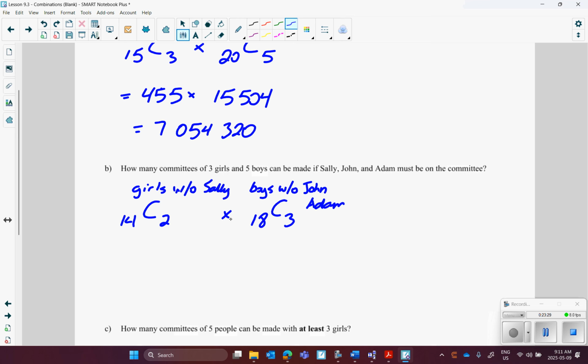Technically, you don't have to do this, but to account for the one choice where Sally, John, and Adam are on the committee, I mean, we could do this, but it's not going to affect our answer. Because there's 3 ways to choose 3 from Sally, John, and Adam. If you didn't have this, it's still right, because this works out to 1.